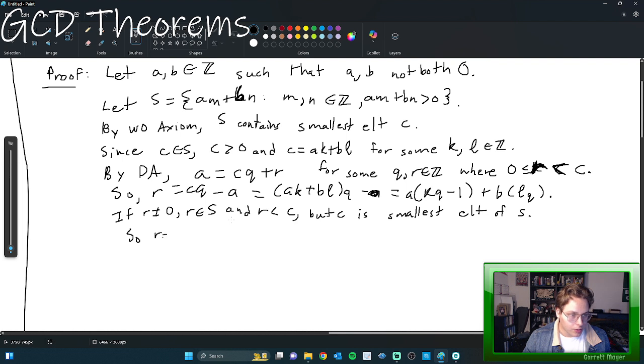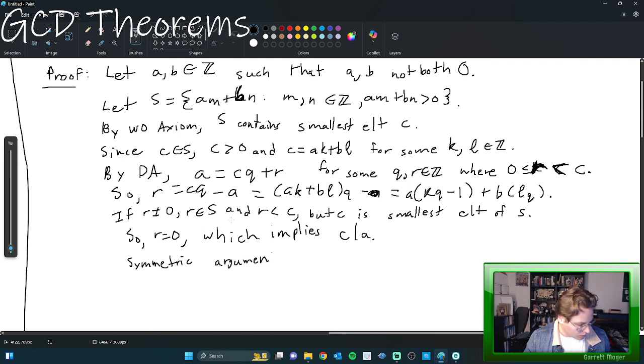So R equals 0, which implies C divides A. A symmetric argument shows C divides B. So C is a common divisor of A and B.